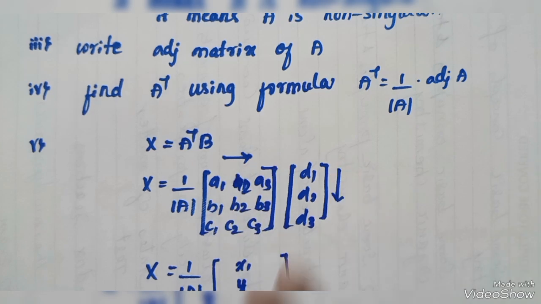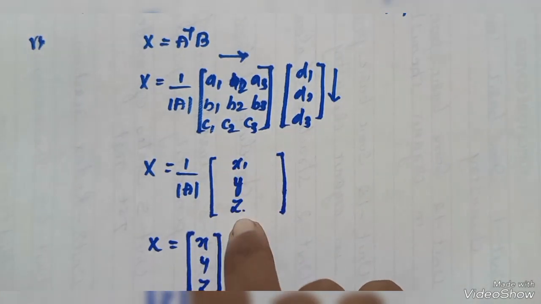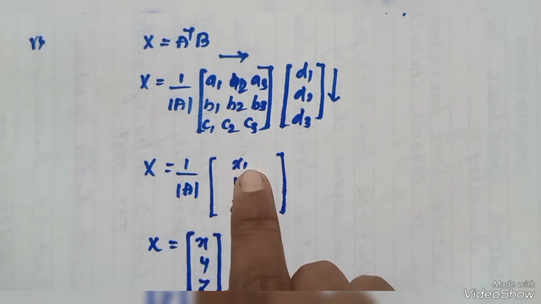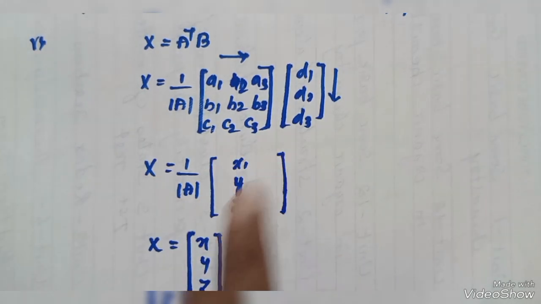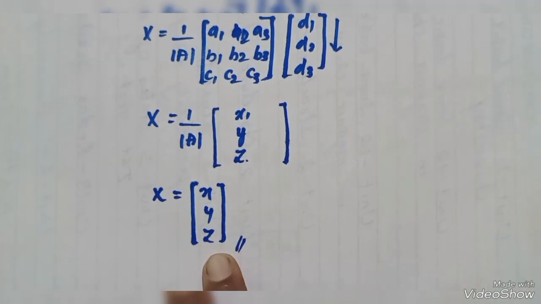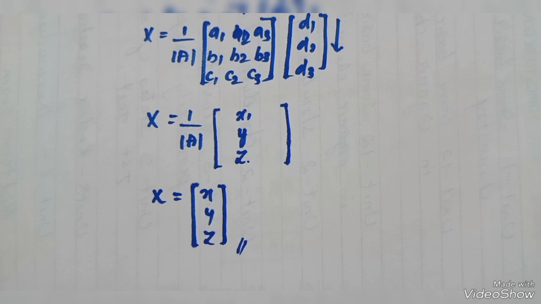When we take the multiplication, we get the result x, y, z. Again we multiply the determinant value to the whole matrix. We get the final x, y, z values. Up to this much, the x, y and z values are calculated. This is the working rule.